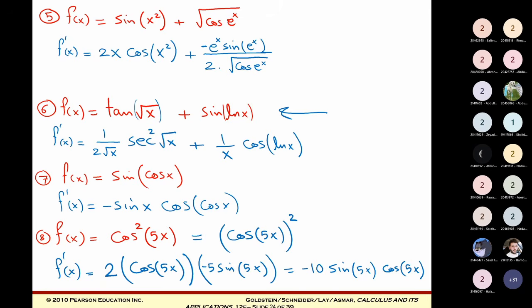Which outside? Outside tan of radical x. This is not outside. Also, if we do not put it like this, it is not a multiplier, because after tan and sine and cosine we must put an angle. So what's the angle of tan? We have radical x. Okay.